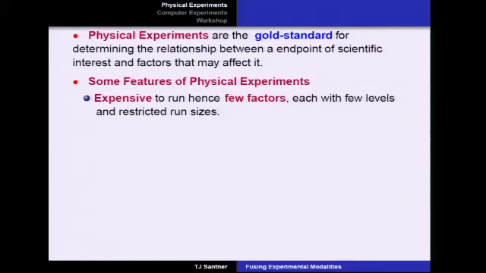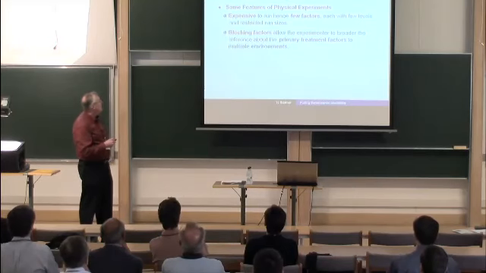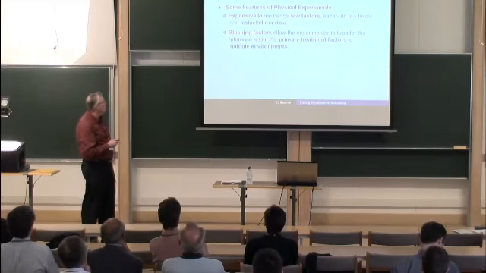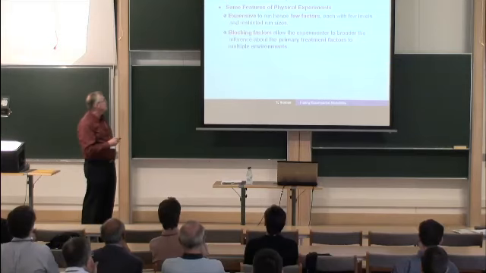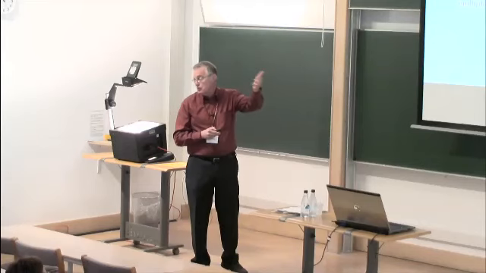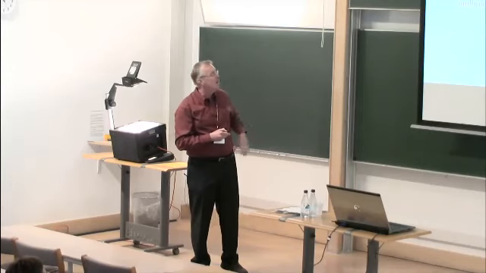Factors with 2 levels are very typical. One thing that is often the case is the use of what are called blocking factors to allow inferences about primary treatment factors to be extended to multiple environments. You experiment in cold and hot temperatures and rainy and dry environments and so on.